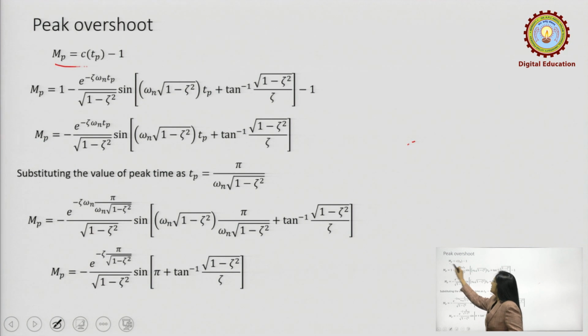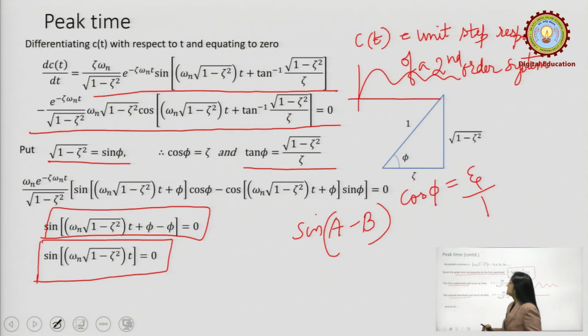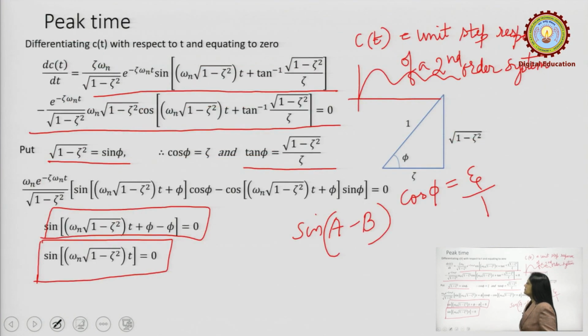The maximum overshoot is the response when the time is Tp, the peak time, minus 1, because we are talking about this distance from here till here. The response is obtained here, we get this value and subtract 1 out of it.